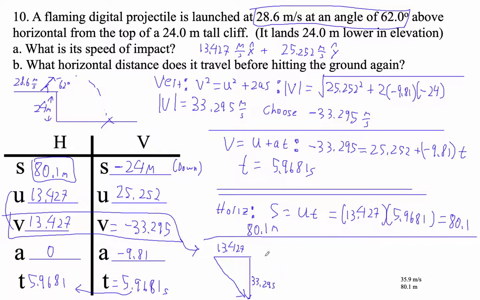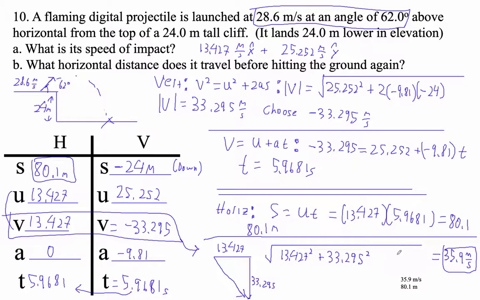And so I'm going to find the 13.427 squared plus 33.295 squared. Okay, so let's see, what is that? Okay, so square root of, for me, it's just going to be a squared plus c squared. And I'm getting 35.9009 meters per second.